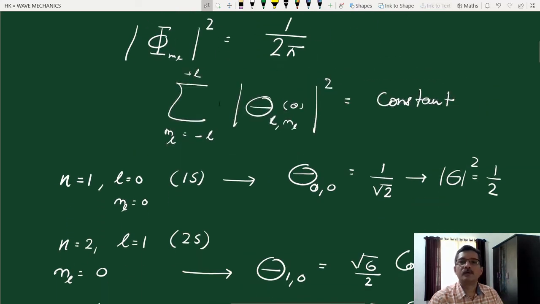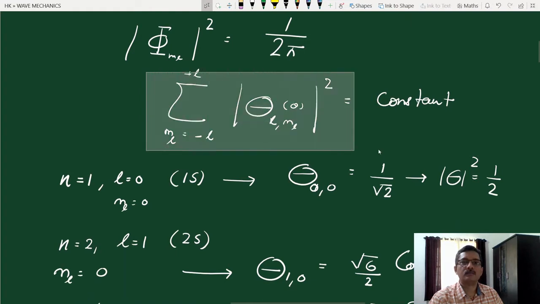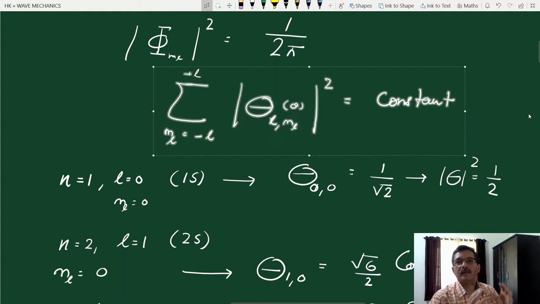So this particular result, this Unsold theorem, means that if we have no experimental measurement of the z component of orbital angular momentum, that means if we have no way of experimentally determining Lz, then the electron in the hydrogen atom can be in any possible ML state. If we know the value of Lz, it means that we know the value of ML.